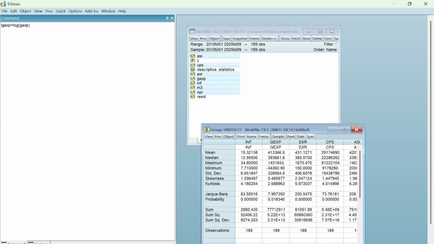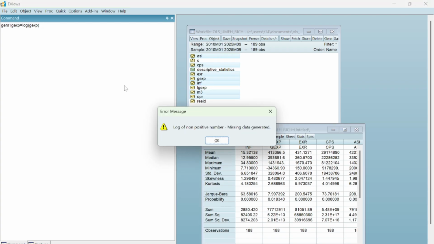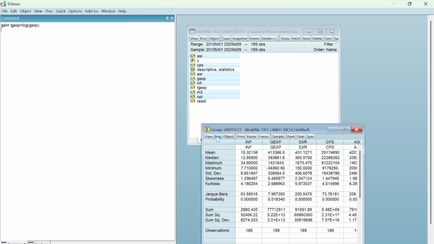You have to call the command name genr before it. It tells you log of non-positive number, missing data generated. You click OK. It's telling you there will be missing data in this new variable, but that is not what you're looking for.